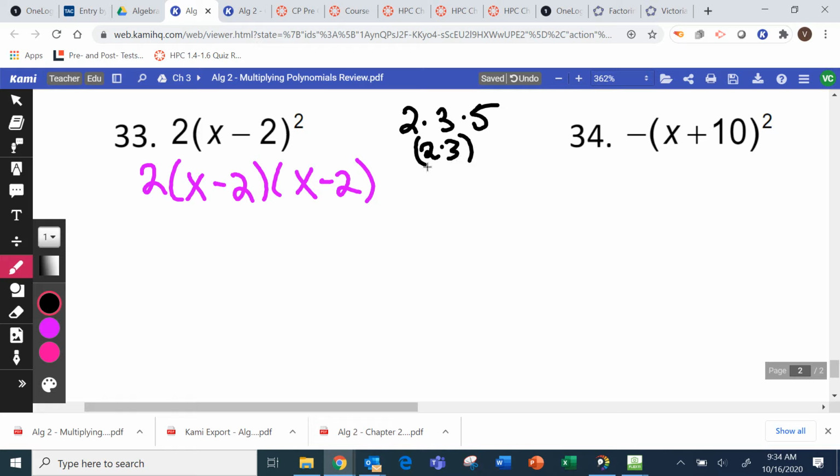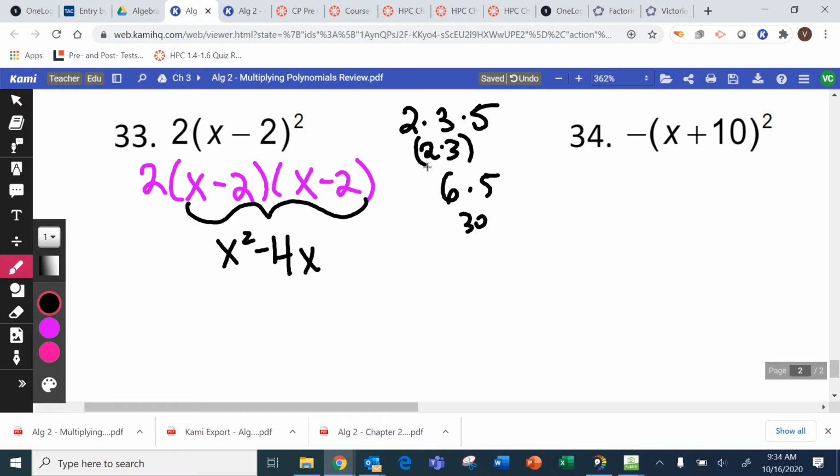You're going to do 2 times 3 first, 6, times 5, 30. You can only do 2 things at a time. So in this case, you're going to multiply 2 of them together first. I would get x squared minus 4x plus 4.